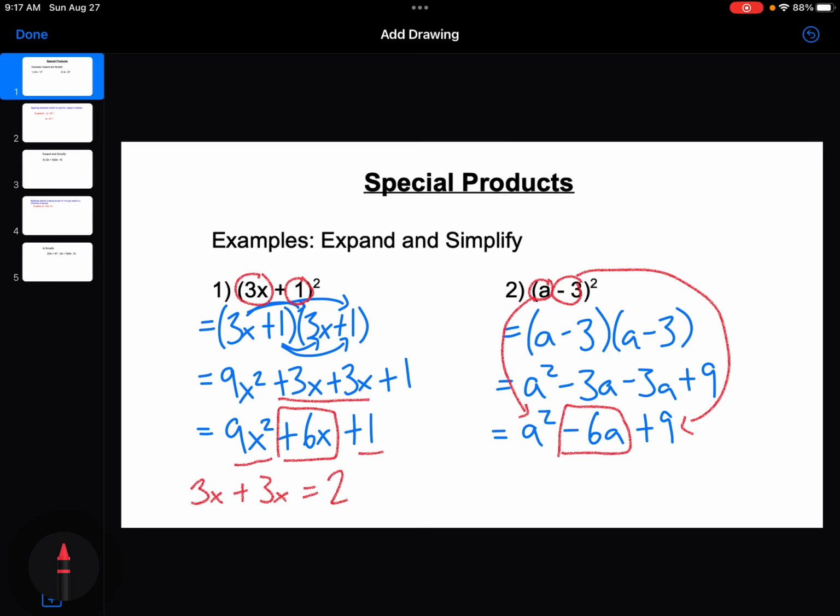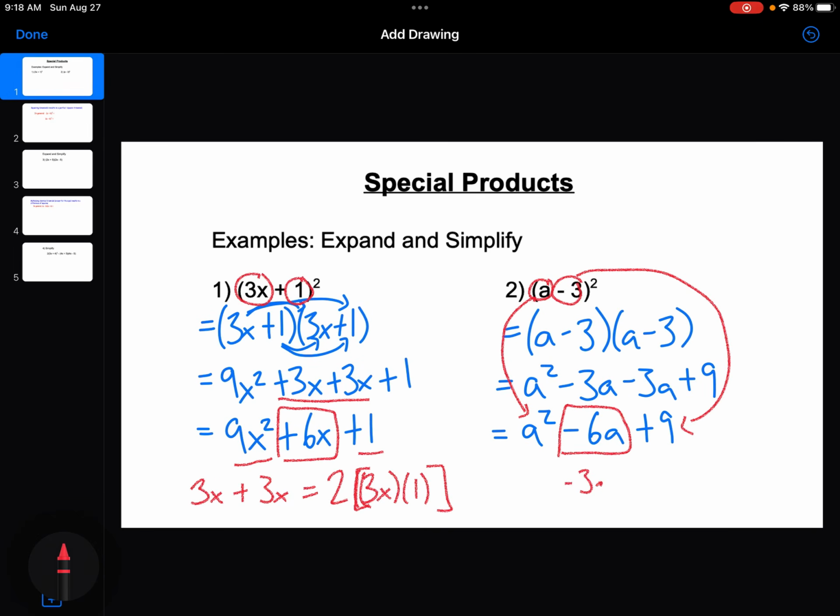Well, that's the same as 2 times 3x. What we've done is 2 times our value right there. We've done 3x times 1 and 1 times 3x if we look at our FOIL. But if we just multiply that together and then double it, that's the value we're getting.